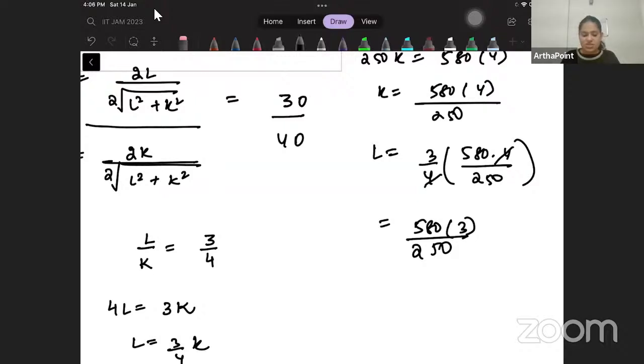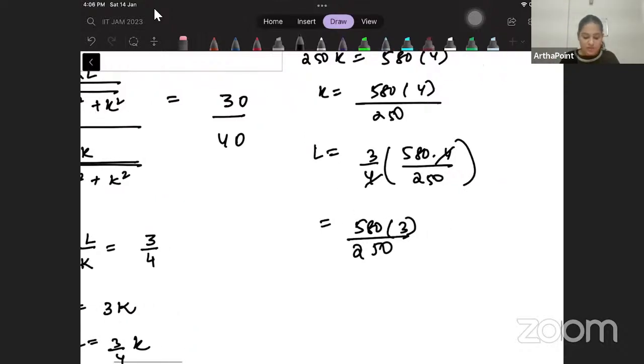Just go ahead and let's just use the calculator quickly and solve these. So this is going to give me 580 into 4 divided by 250. This is 9.28. And this is going to be 580 into 3 divided by 250. This is going to be 6.96.